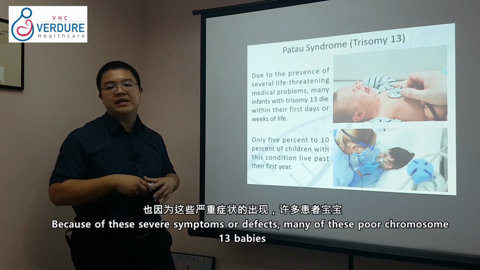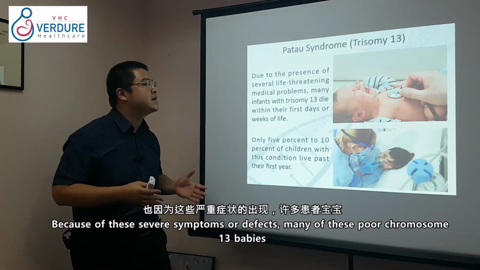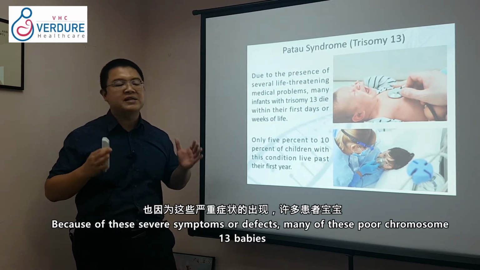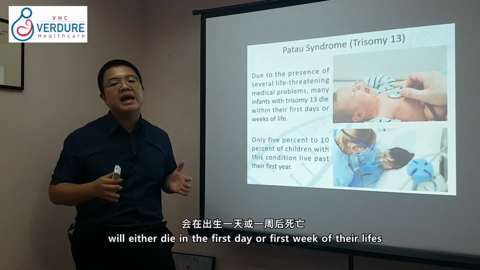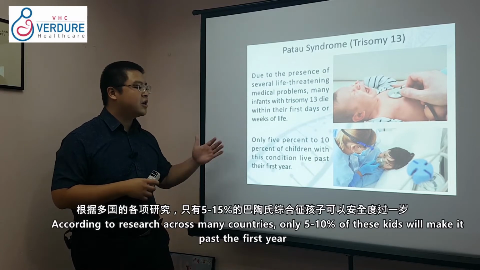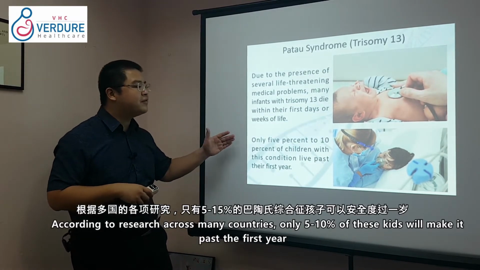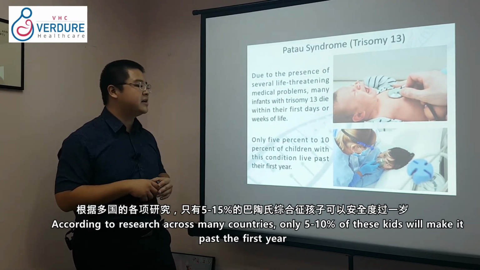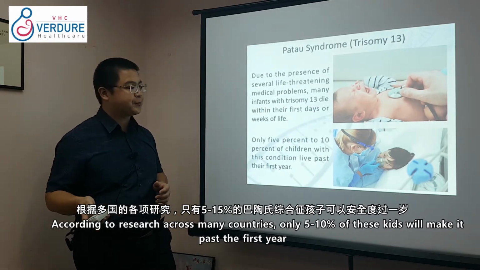Okay, now because of these severe disorders and defects, many of these poor chromosome 13 babies will either die in the first day or the first week of their life, all right? So according to many researchers across many countries, only 5 to 10% of these kids will make it past the first year.